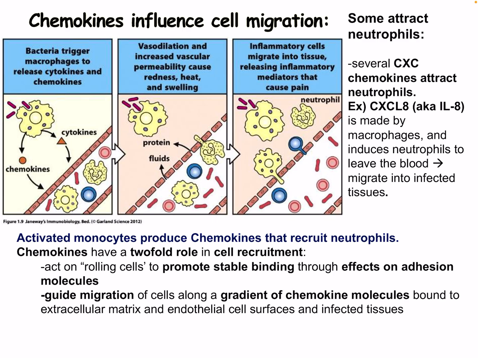So here we can see some attract neutrophils. Several CXC chemokines attract neutrophils, especially IL-8, or CXCL8, which is made by macrophages and induces neutrophils to leave the blood and migrate into infected tissues. Activated monocytes produce the chemokines that recruit neutrophils, like we just said, and chemokines have a twofold role in cell recruitment.